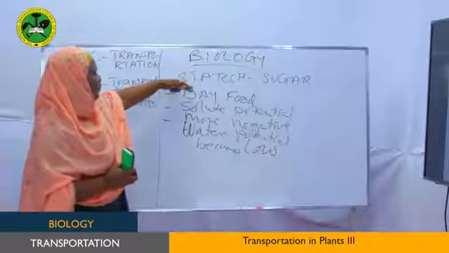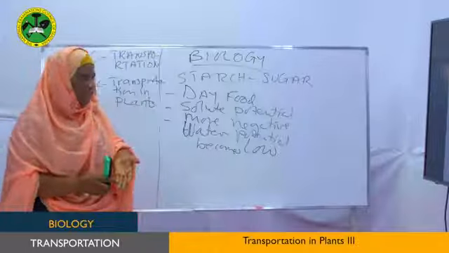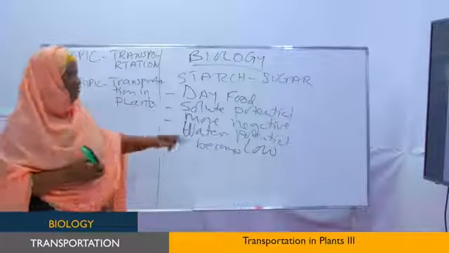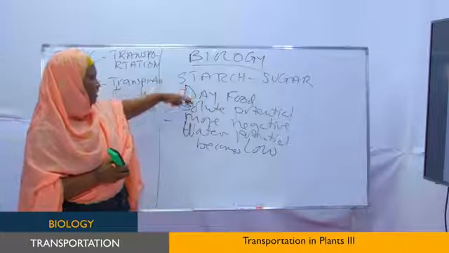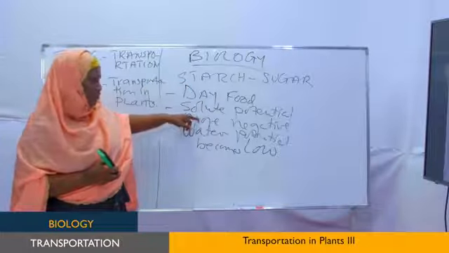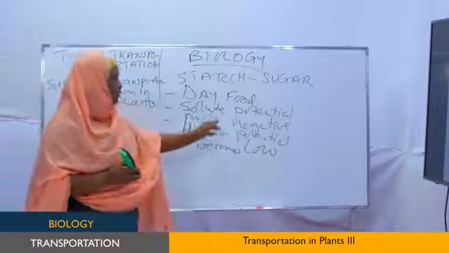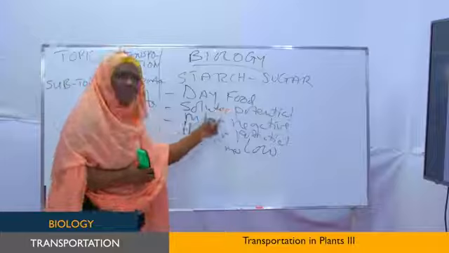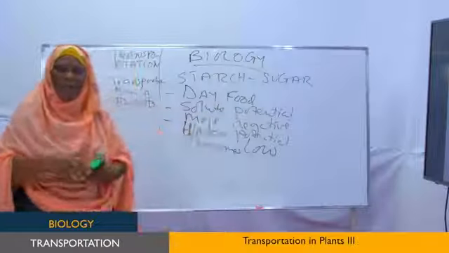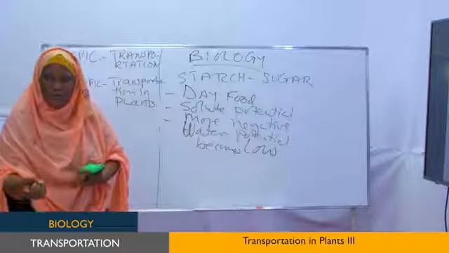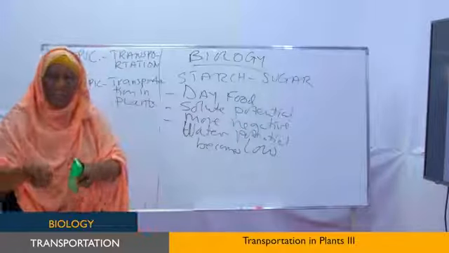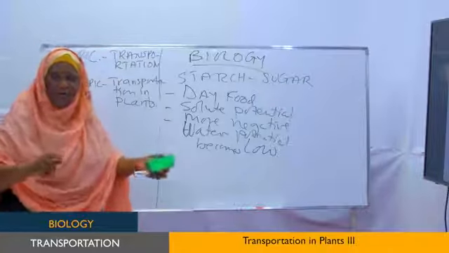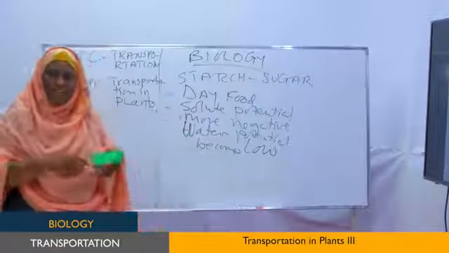During the day, plants synthesize food. When food is synthesized in guard cells, solute potential there becomes more negative. And when solute potential becomes more negative, water potential becomes low. Why? Because of dissolved sugars. When sugar dissolves here, it lowers water potential compared to other epidermal cells.